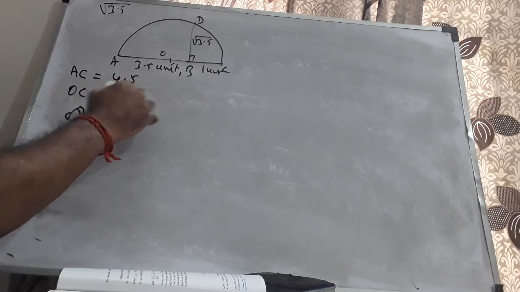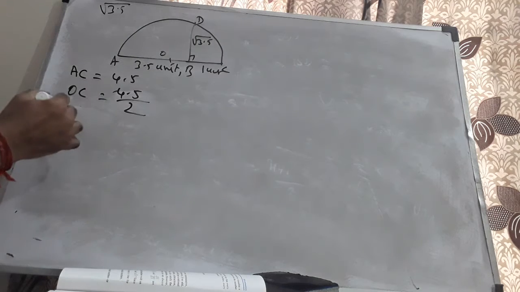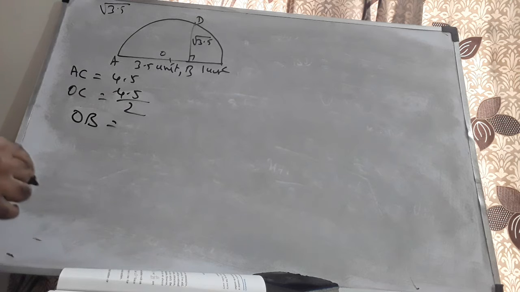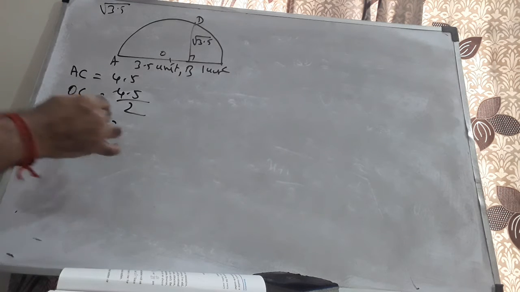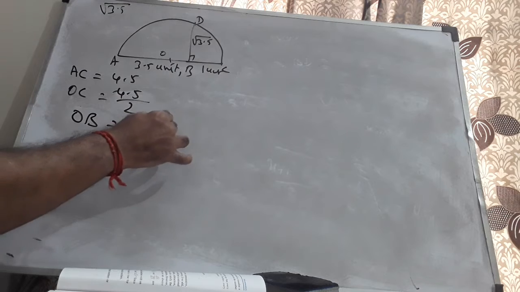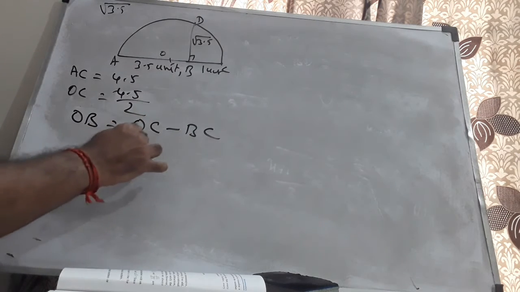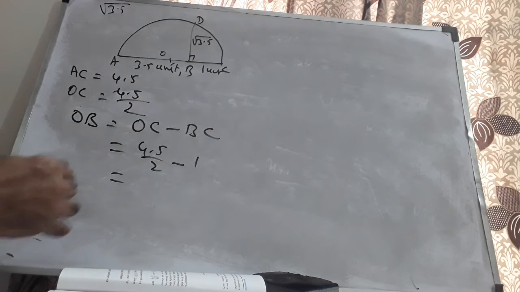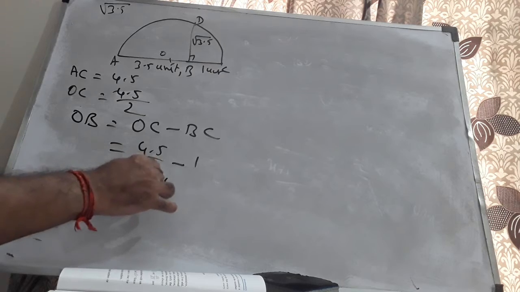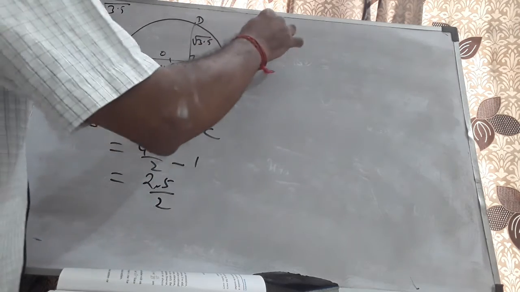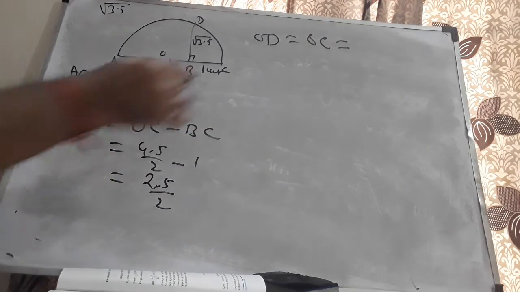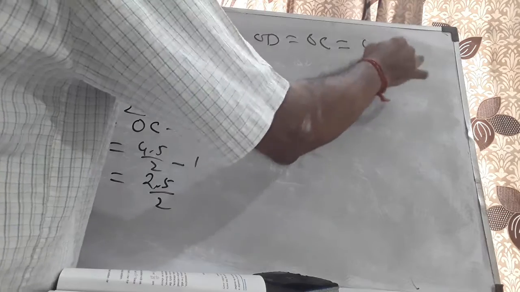Now listen carefully. OB will be OC minus BC, which is 4.5 by 2 minus 1. Are you able to follow? Which is 2.5 by 2. Now OD is the same as OC, which is 4.5 by 2.